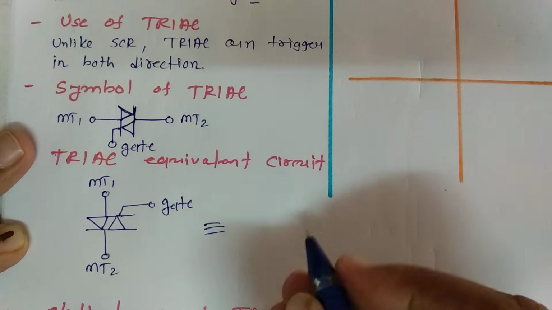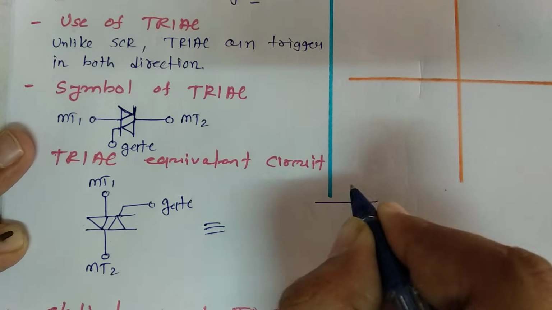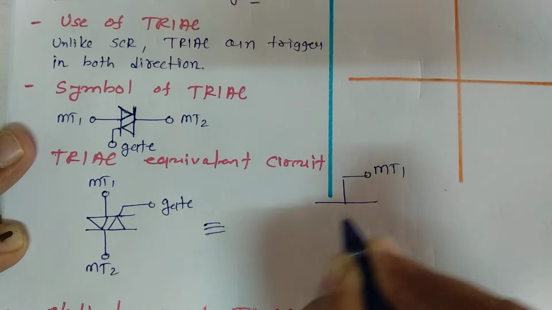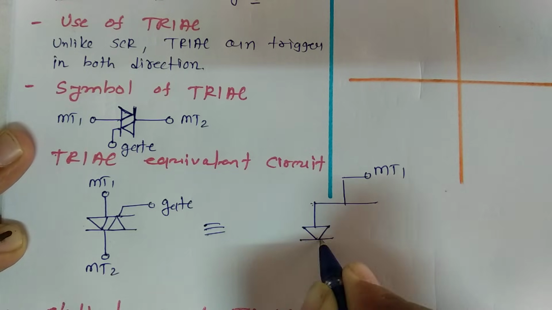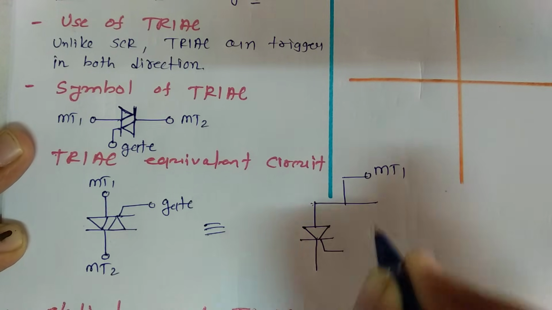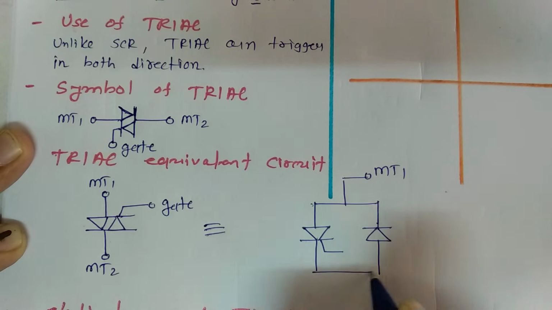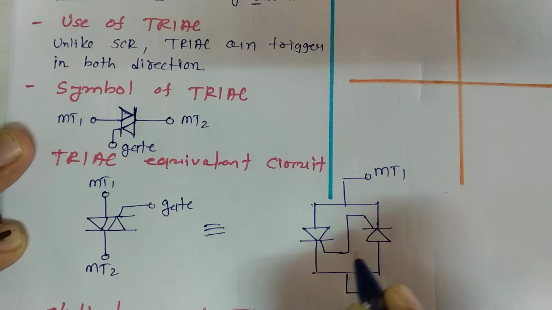This is MT1, and two back-to-back SCRs means one SCR is connected like this and the other SCR the opposite way, and this is MT2, and the gates of both SCRs are connected together.